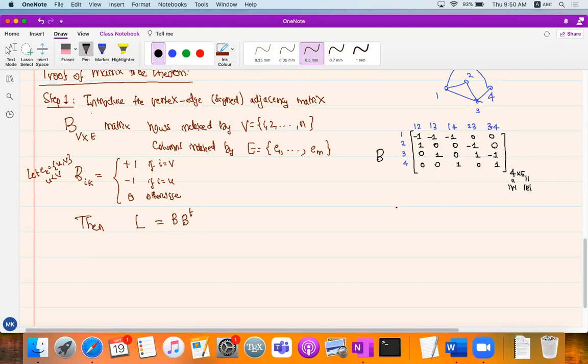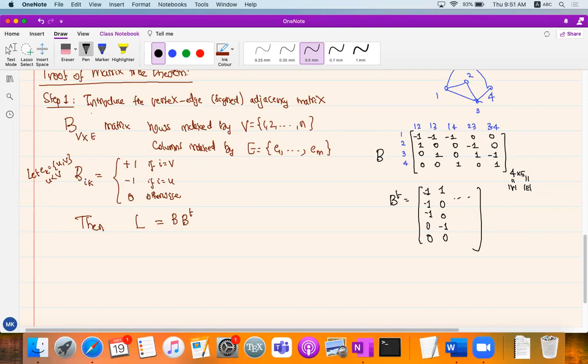So this is B transpose. Let me write a couple of columns: -1, -1, 0, 0, and the second column will be 1, 0, 0, -1, 0, and so on. When I do B times B transpose, if I want the 1, 1 entry, I get the first row times the first column, which is just the norm squared of the first row.